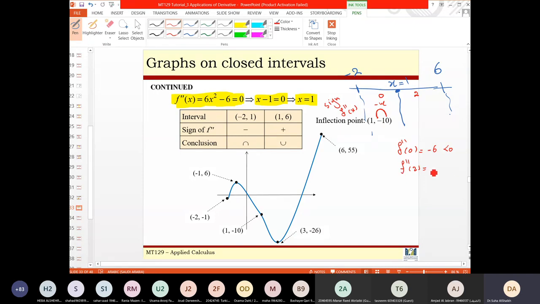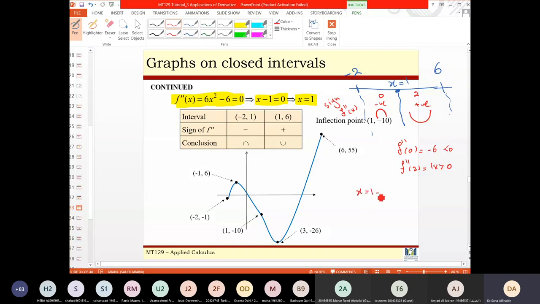F double dash at 2 is 6 times 2 squared, 4 times 6, it's 24 minus 6, equal to 18. It's positive, means concave up. So concave down from minus 2 to 1, concave up from 1 to 6. This means the point x equal 1 is an inflection point.